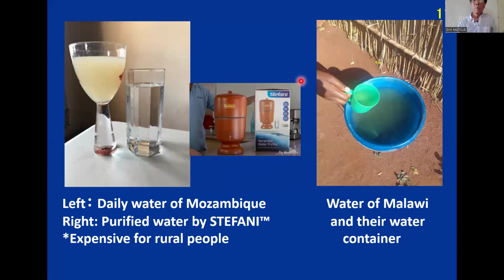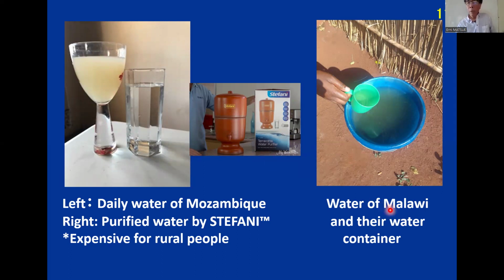This is a very popular machine in Western countries, but very expensive. So she said, I have this, but neighbors have no money. Then they drink this water.